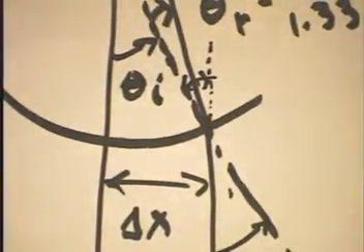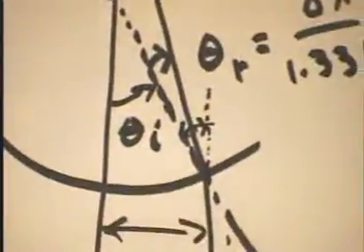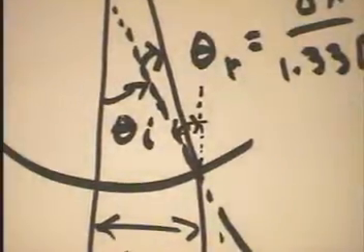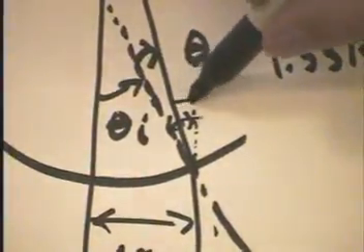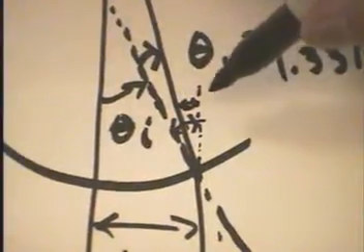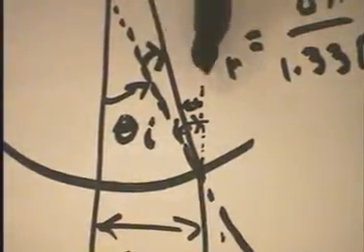Now what do we have? We have the angle theta sub I here, and we have the angle theta sub r here. So this little angle right here is what? Theta sub I minus theta sub r. It's a difference of this angle and this angle.